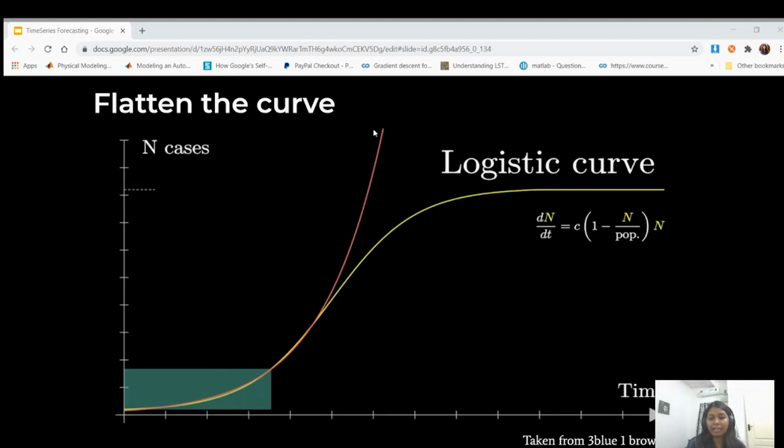We do not want that, because it will become very difficult to control. It will be very difficult for the medical facilities to cater to that population. So we basically have to bring the course of the curve down into the logistic curve, so that it doesn't surpass the medical facilities that we have available.